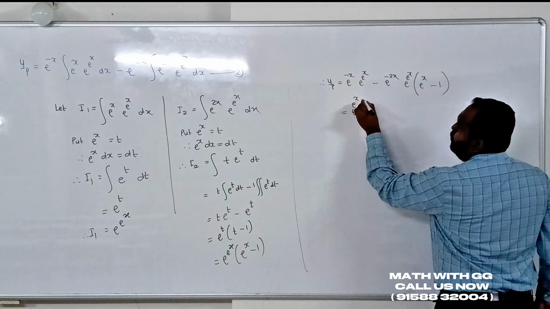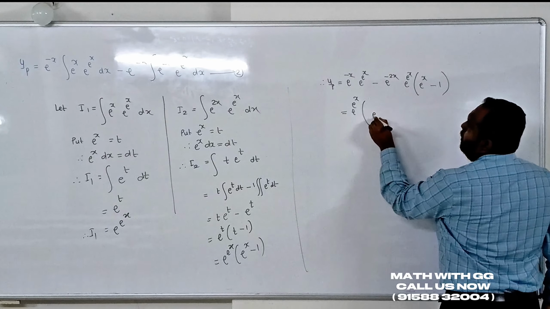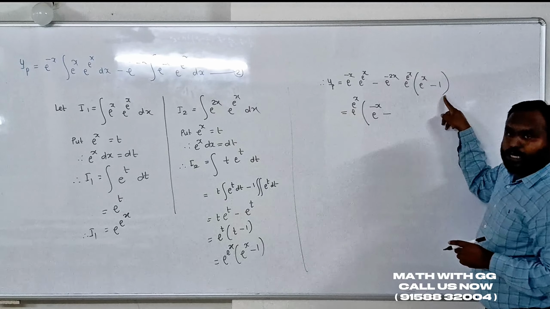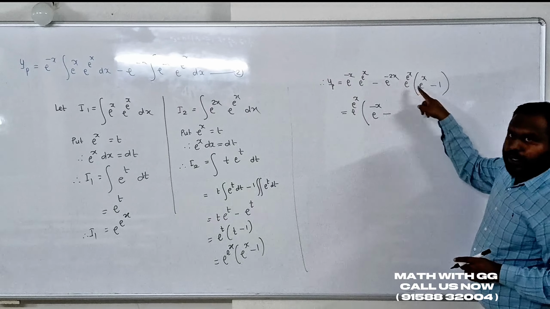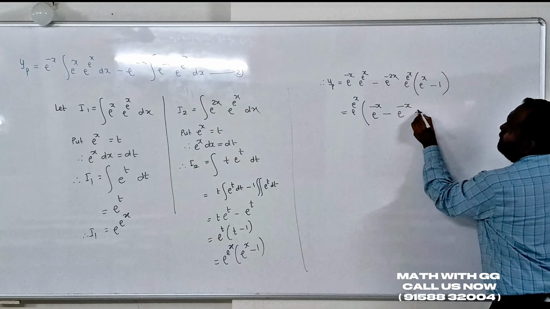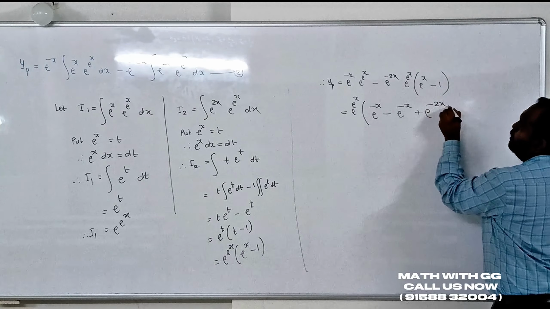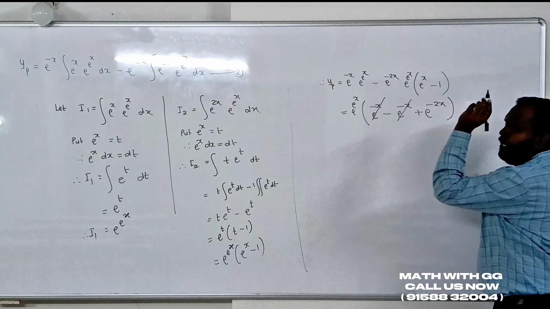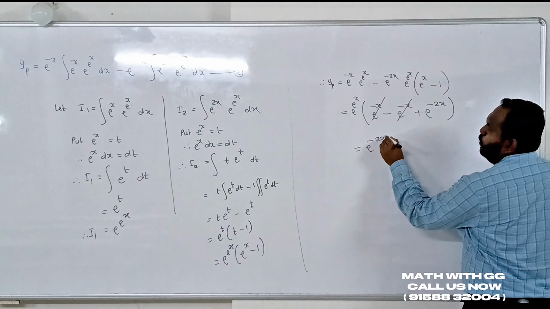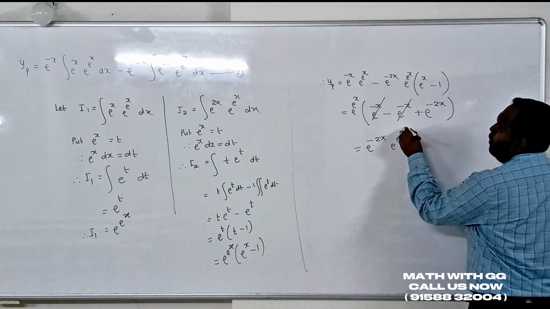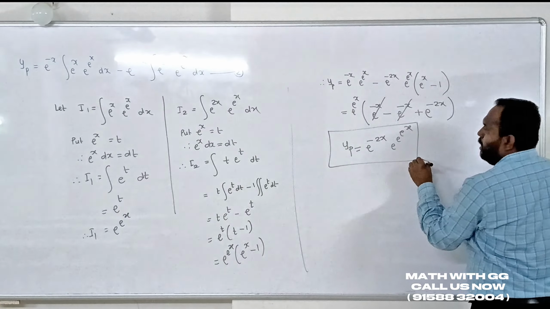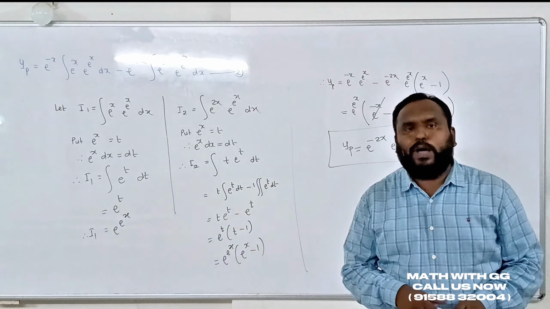So e raised to x in brackets, e raised to minus x minus, we multiply e raised to minus 2x to both the terms. So e raised to minus 2x into e raised to x is e raised to minus x, and plus e raised to minus 2x. So e raised to minus x and e raised to minus x get cancelled. So we get yp equal to e raised to minus 2x into e raised to x. So this is the value of yp.